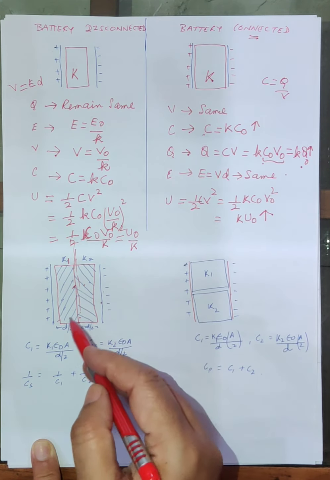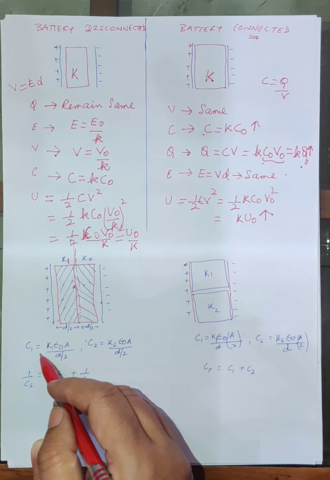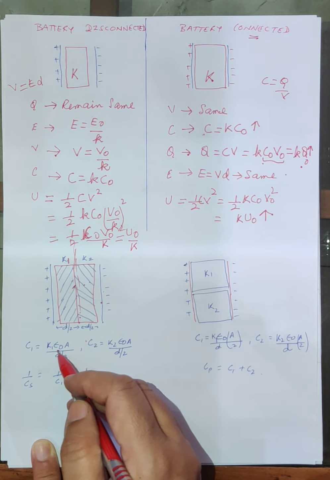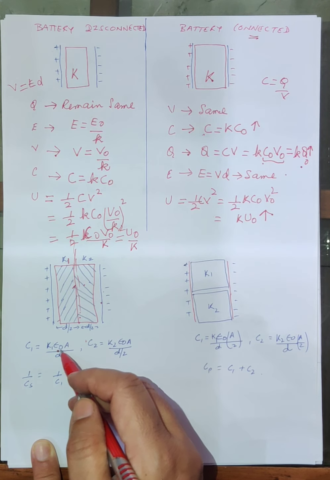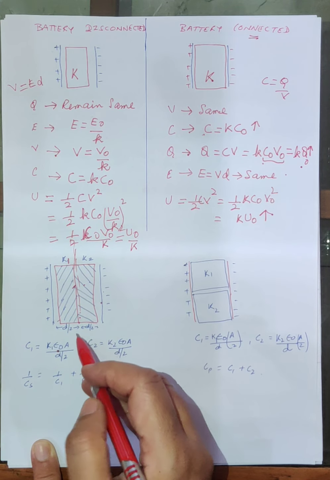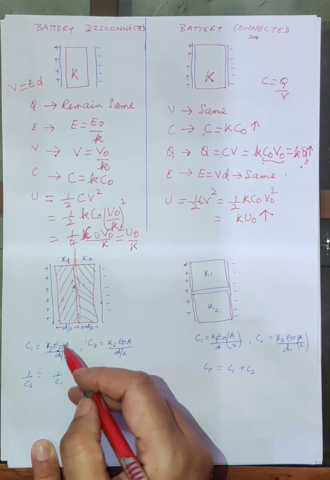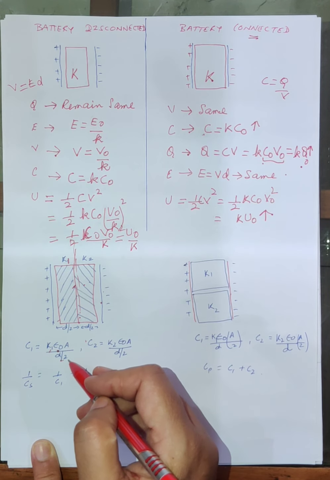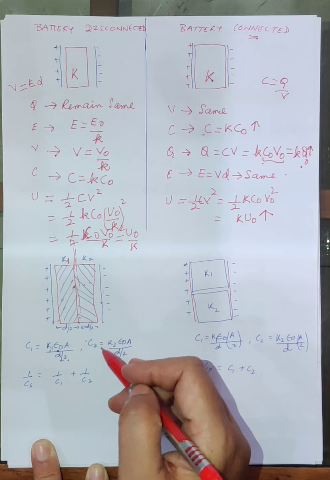Now see, children, we have to first find C1. What is the capacitance of a parallel plate capacitor? It's epsilon naught A by D. When you introduce the dielectric, it becomes K times epsilon naught A by D. So here K means K1, epsilon naught, area remains the same, but my distance becomes D by 2. And similarly, what is C2?